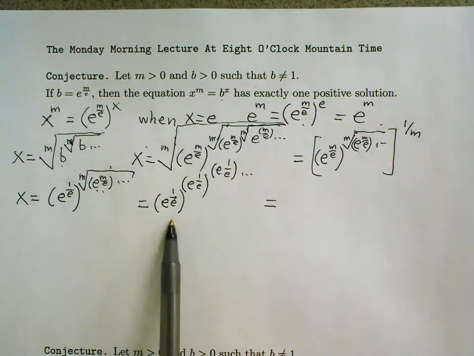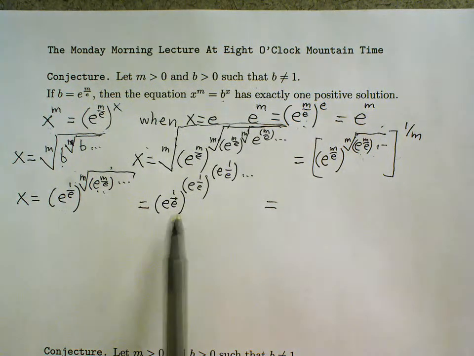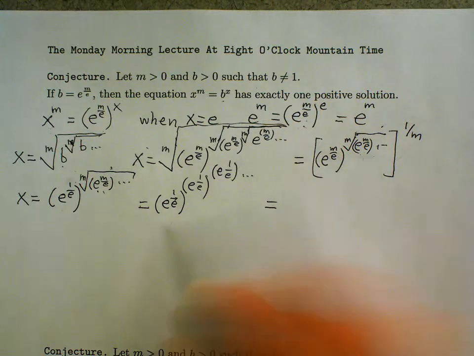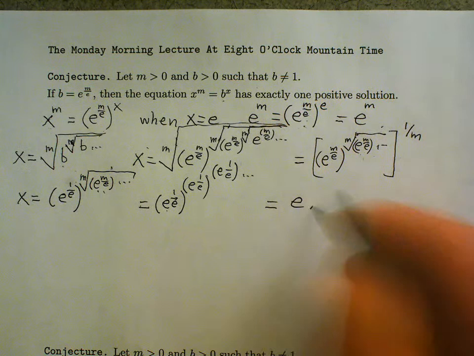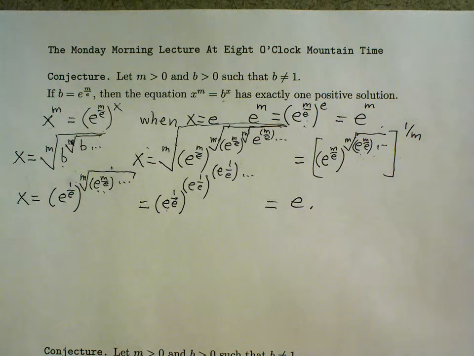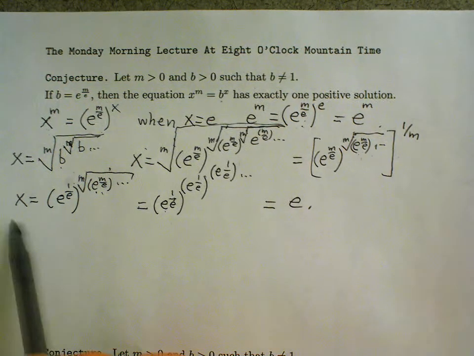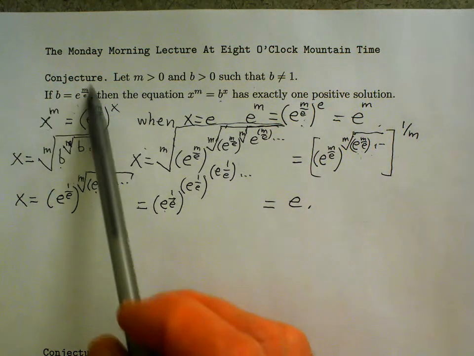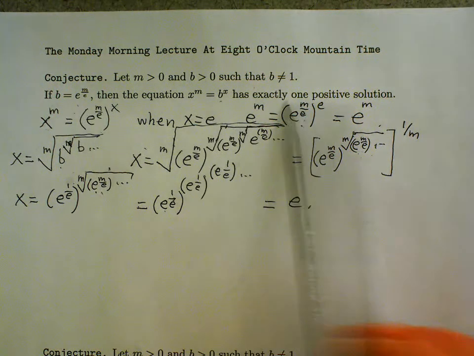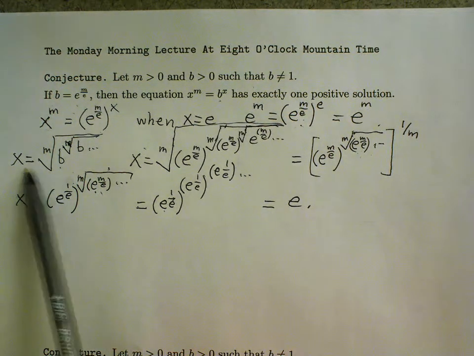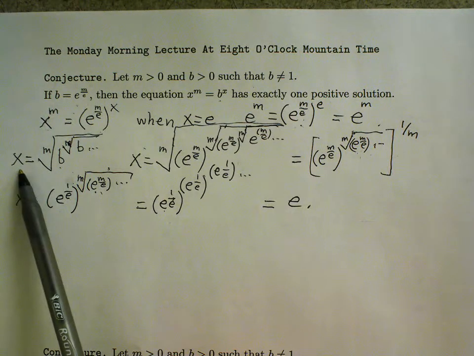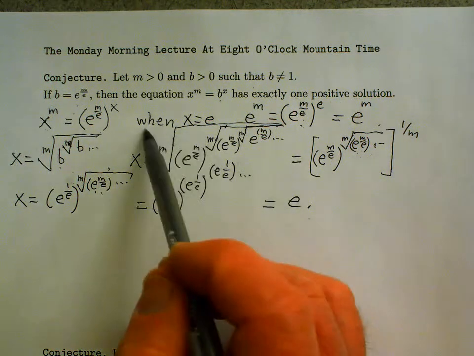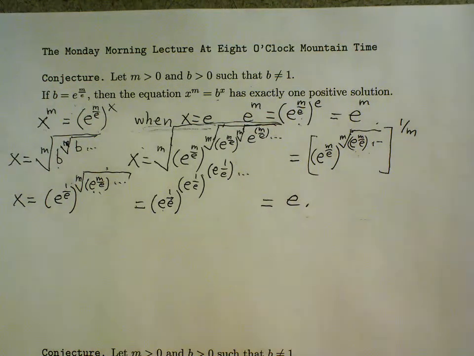And as we saw earlier, in the special case where m is greater than 0, this simplifies to e. Okay, so the purpose of this was just to show that when b is equal to e to the m over e, then this equation has one solution. So this particular solution, x, is equal to e, which is the same number that we observed is a solution.